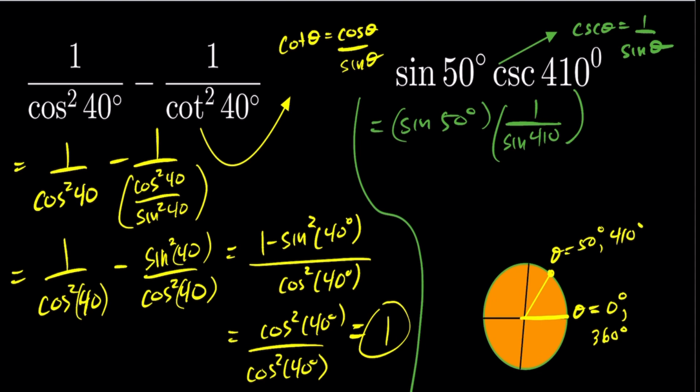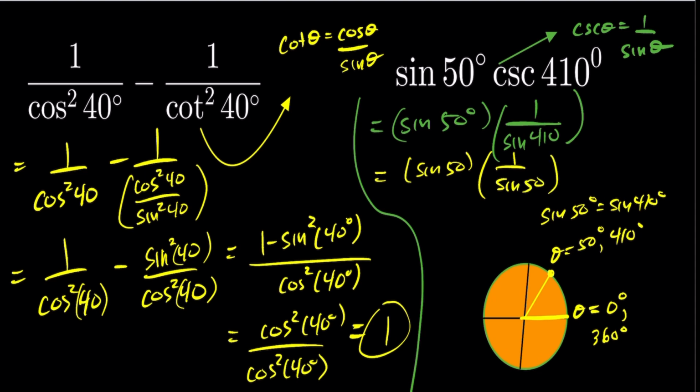So therefore, in this situation, the sine of 50 degrees is exactly the same as the sine of 410 degrees. So I can go ahead and sub in that 1 over sine 50, where I have the sine of 410, and you see these cancel off, and once again this reduces to become 1.